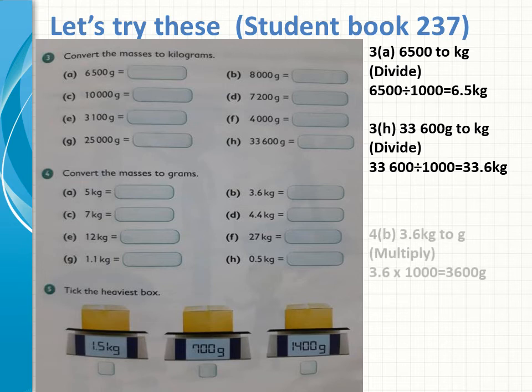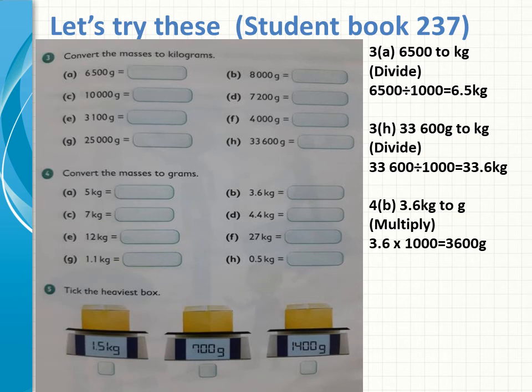Now, let us see another question from number 4. I will pick question B. 3.6 kilograms to grams. This time we are converting from big unit to small unit. So we will multiply. So 3.6 multiplied by 1,000 is 3,600 grams.